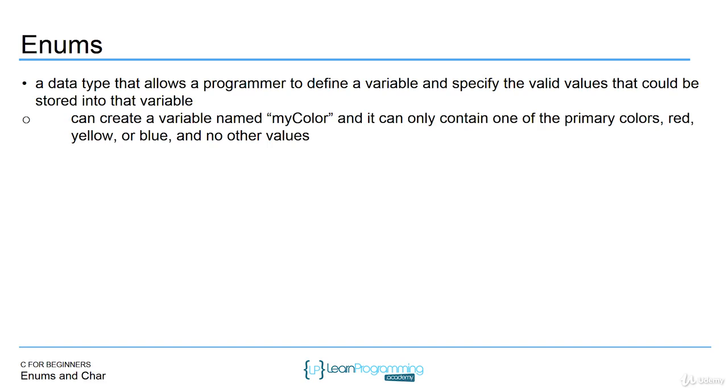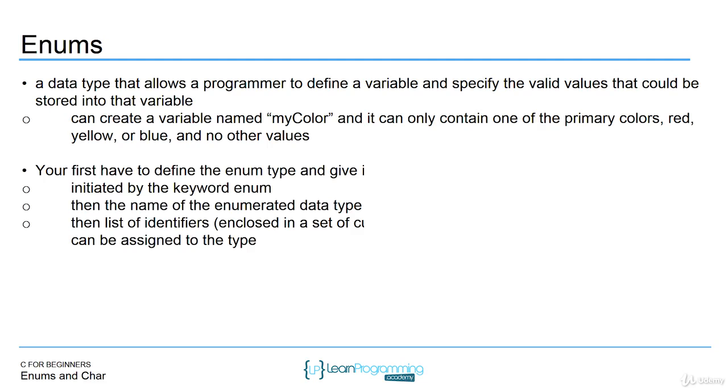And so it's sort of like a data type that you can create, but you're going to have to define the data type, and then you're going to have to create variables of that type. So enum is the keyword. The first thing you have to do if you want to use this enum data type is define that enum type and give it a name, just an identifier, just like a variable name.